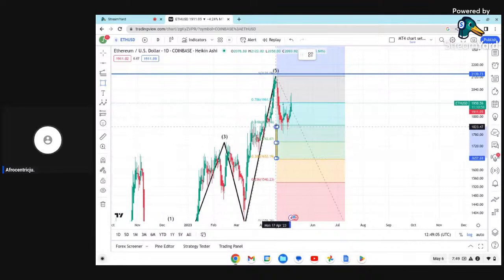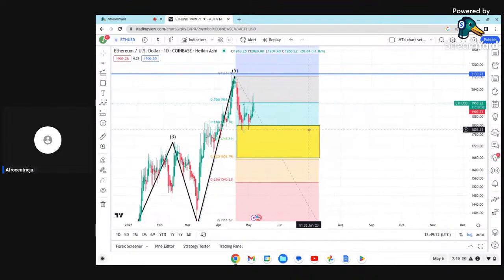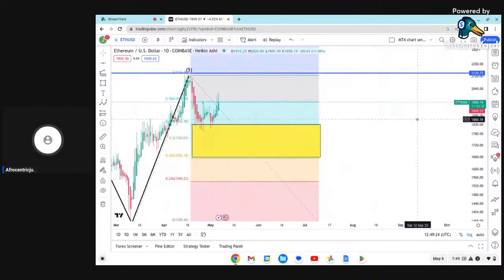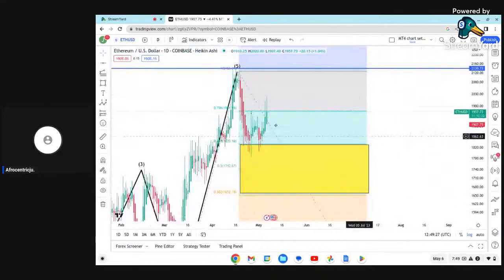Even though price didn't fully come into there, it still came into this box, rejected off of it, and started to work its way back up. So when it does something like this, that lets me know that if I get any flat bottom candles, momentum is heading upward, and it's probably going to take out this high point. And then that'll be my new high.